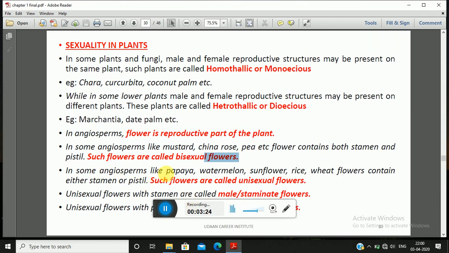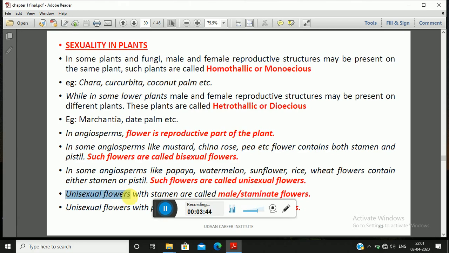In some angiosperms like papaya, watermelon, sunflower, rice, wheat, the flowers contain either stamen or pistil. Such flowers are known as unisexual flowers.